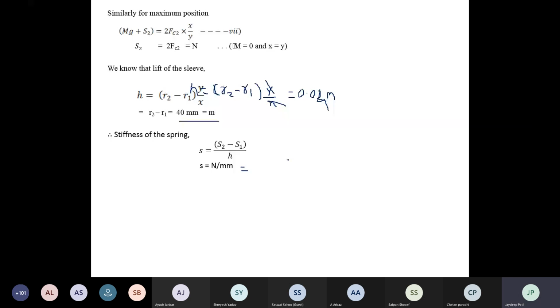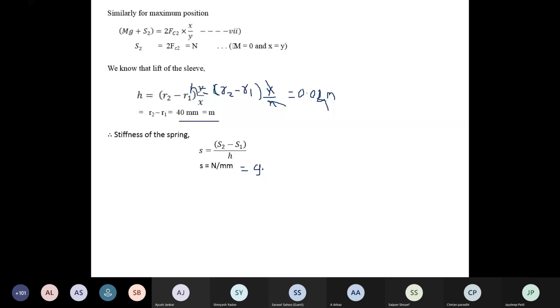Hello. सर 9175, 9 न्यूटन पर मीटर. सर mm के terms में लाए थे कि you have to convert it to meter.